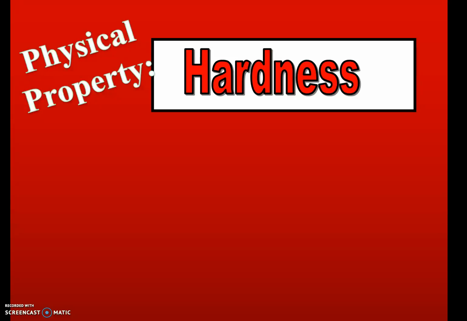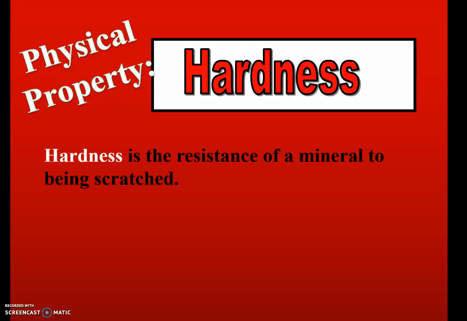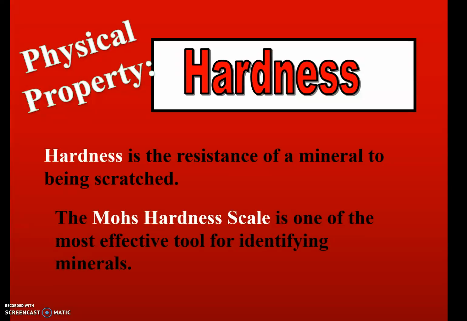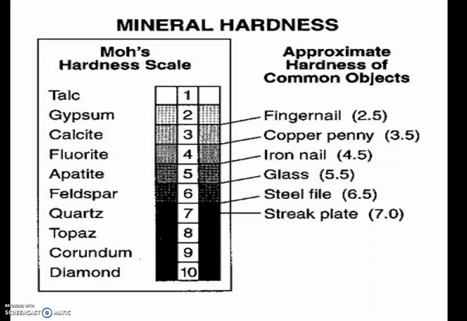Our next physical property is hardness. Hardness is the resistance of a mineral to being scratched. The Mohs hardness scale, which we're going to talk about on the next slide, is one of the best tools for identifying the hardness of minerals. On the Mohs hardness scale, common objects can be used to try to scratch the minerals to see how hard it is. For example, if you have a sample of calcite, you're going to be able to scratch it with your fingernail, but then the copper penny, opposite.